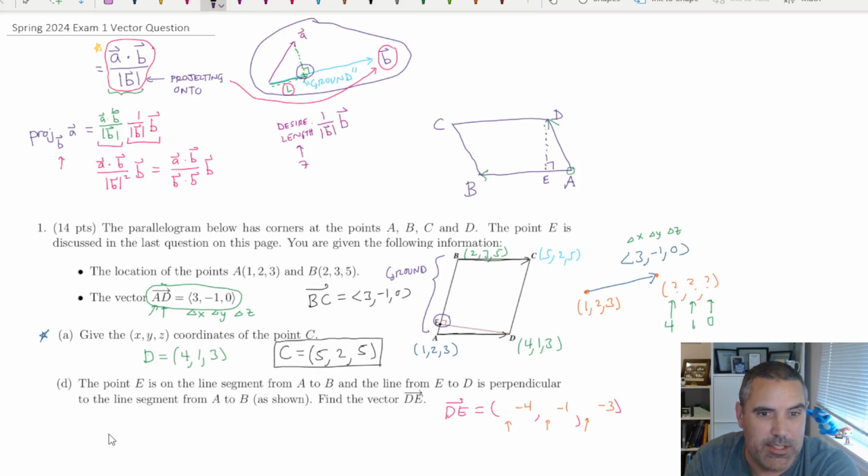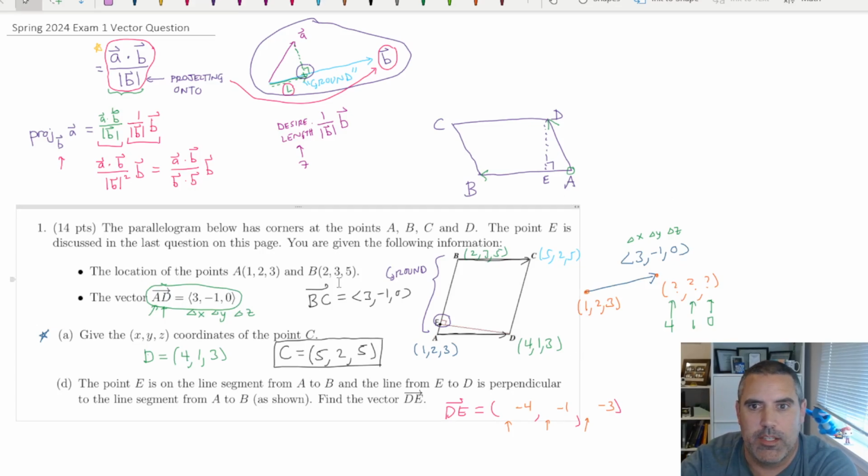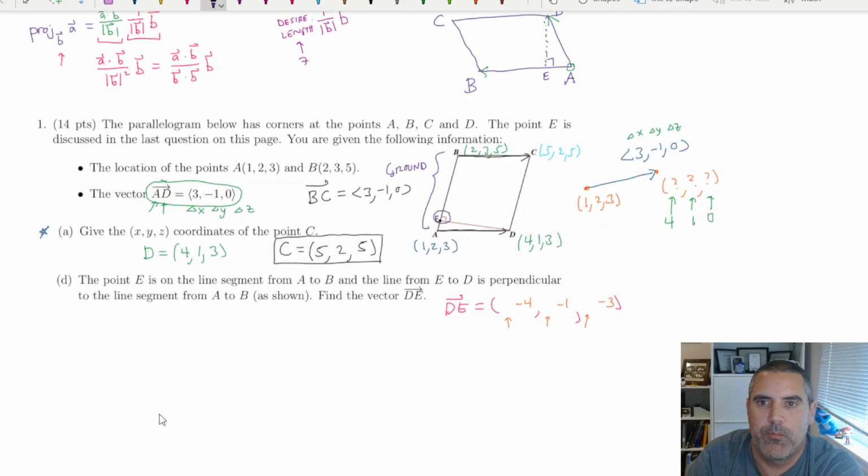So here's how I would think through the problem if I was doing it myself, didn't have a formula sheet in front of me. I would say I want to project AD onto the ground, which is AB. And I would deduce everything else I needed from this.